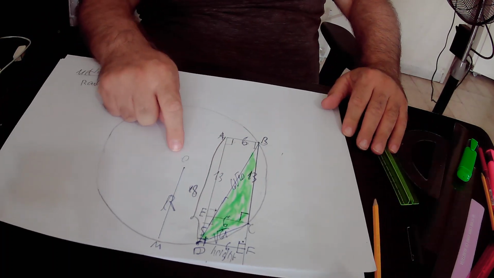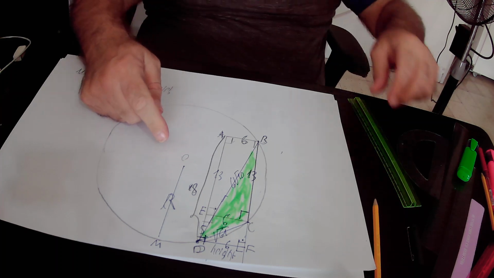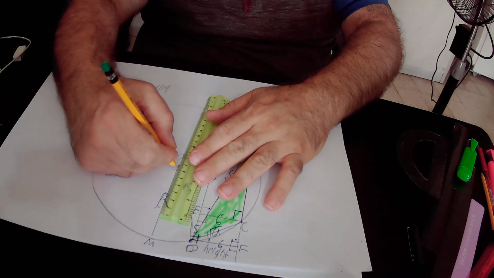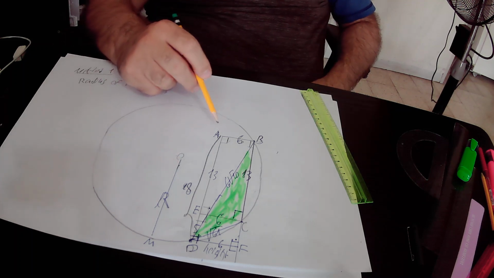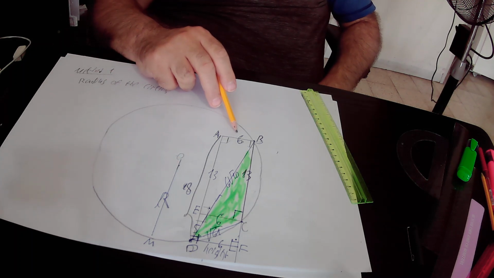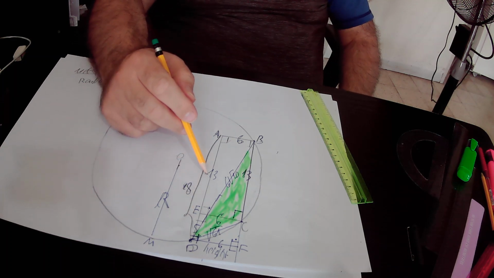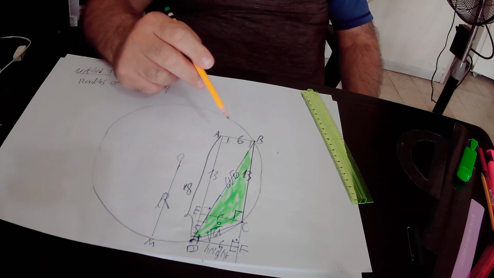Inside, we know that the center of the circle is at this point, point O, and we know that line segment AB equals 6 units in length. Line segment AD equals 18 units in length, and line segment BC equals 13 units.